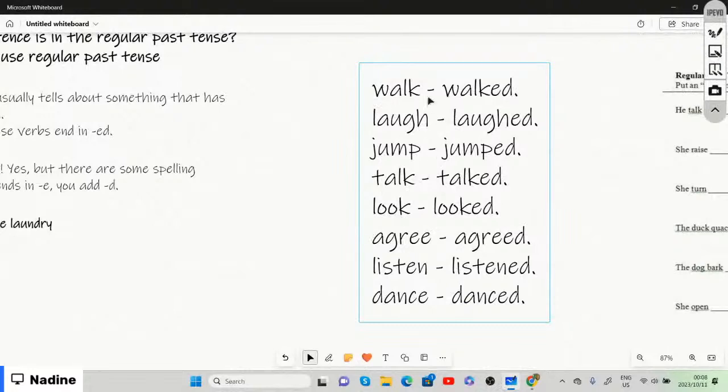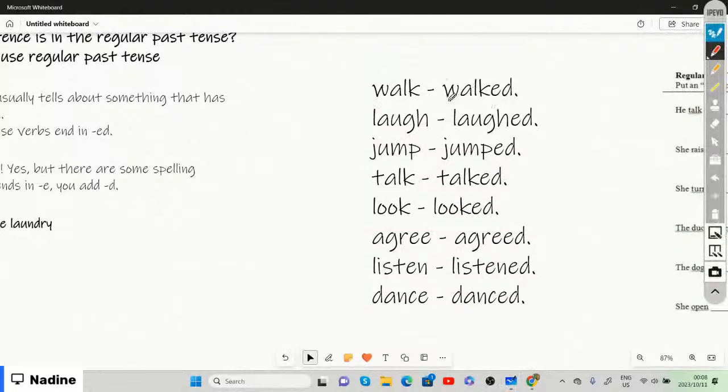So in the present, we can say it is walk. That is in the present. But in the past, it is walked, and there we added an ed. So in the present, I walk to school, but in the past tense, I walked to school.